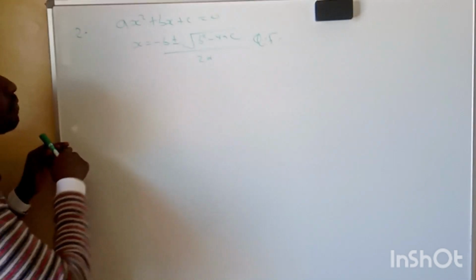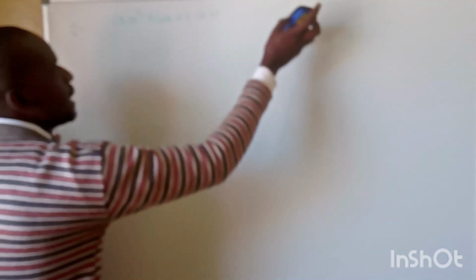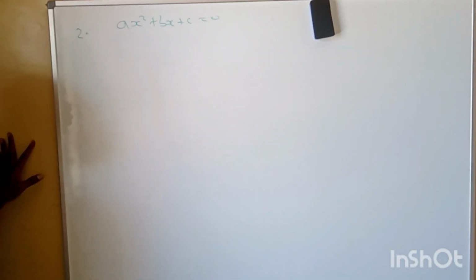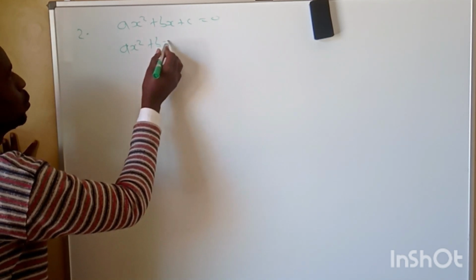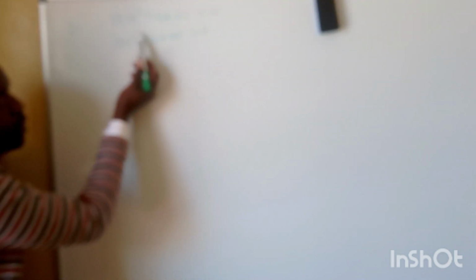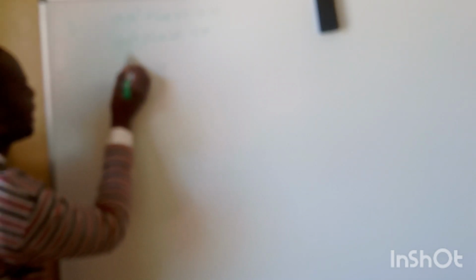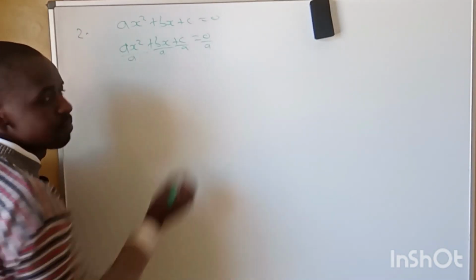I want you class also to pay attention here. When you are given such an equation, the first step is to divide both sides by the coefficient of x squared, so that the coefficient of x squared must be 1. So the first step is to divide everything here by a, by a, by a.